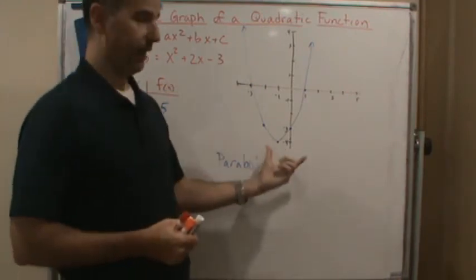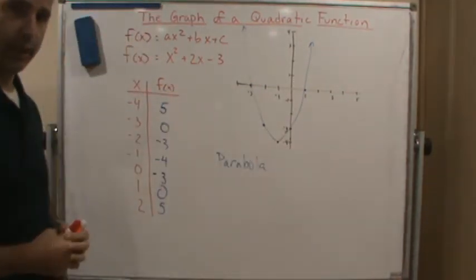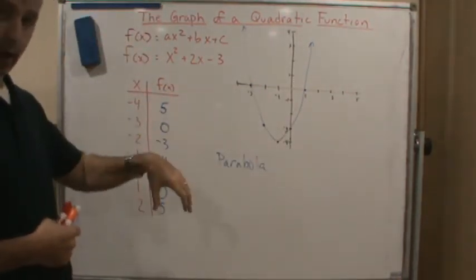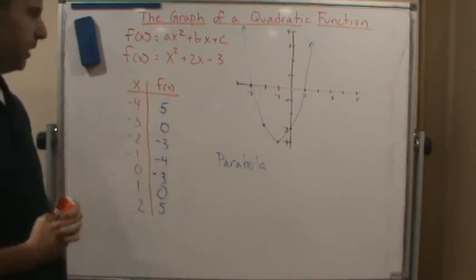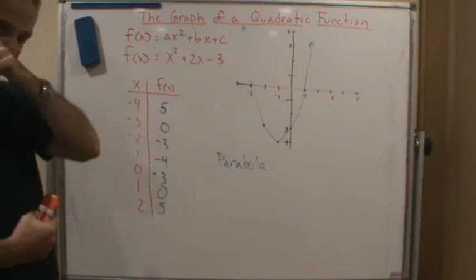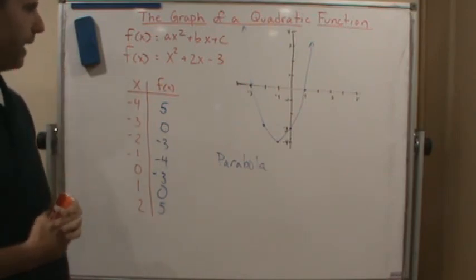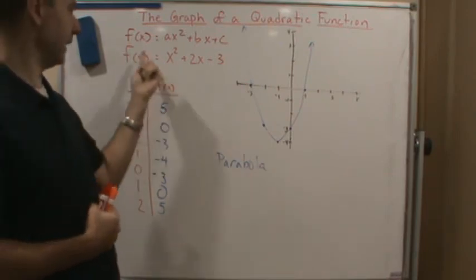Any parabola is going to have this basic shape. It could open upward or it could open downward, and it could have a maximum point or a minimum point. All of these characteristics depend on the values of a, b, and c.